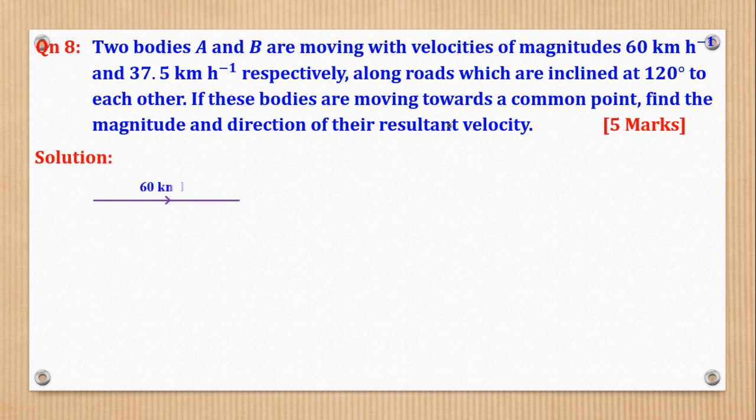So you shall have one at 60 kilometers per hour, and the other is 37.5, but the angle between them is 120 degrees. Because there are two velocities inclined with an angle between them, it implies that we need to use a parallelogram to get the resultant velocity.